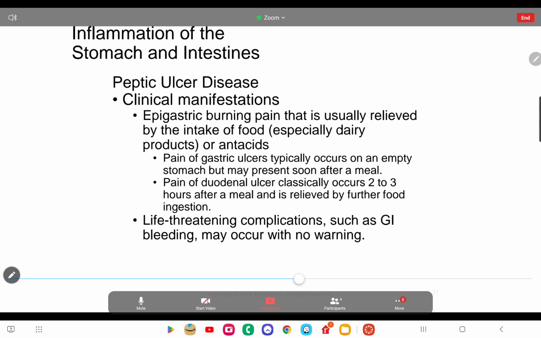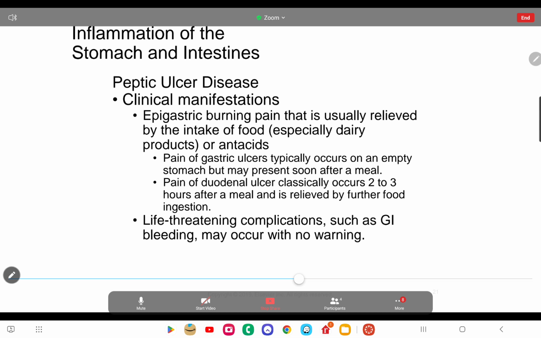Peptic ulcer disease. Remember, this is activation of the pepsin, an enzyme used for the digestion of protein, and that produces ulcers in the stomach. So that's the problem right here in peptic ulcer disease. Clinical manifestation: epigastric burning pain.